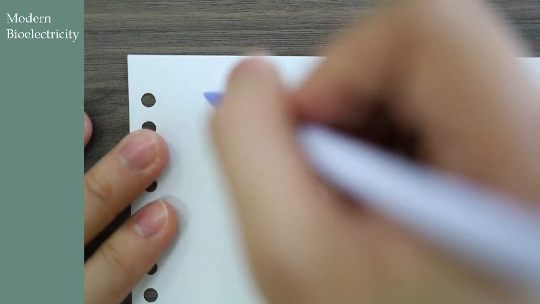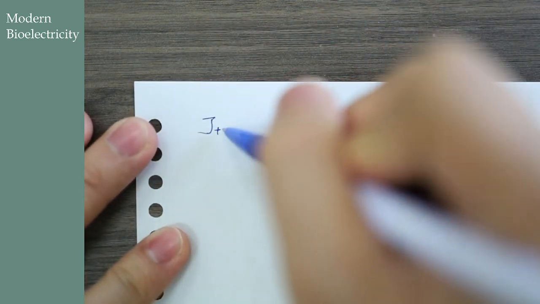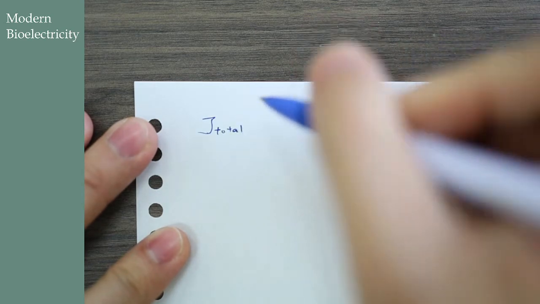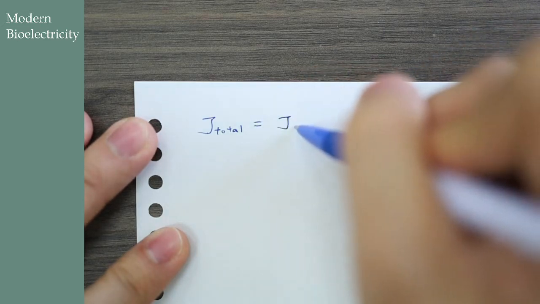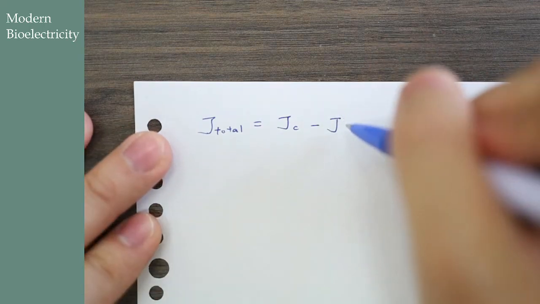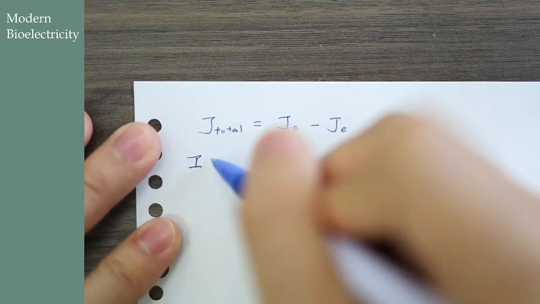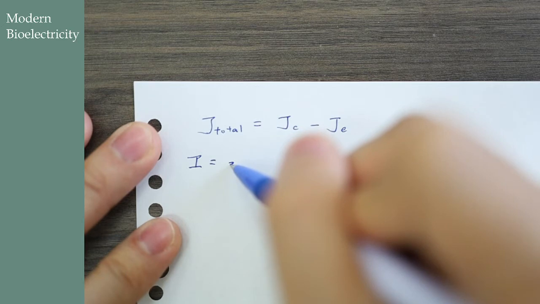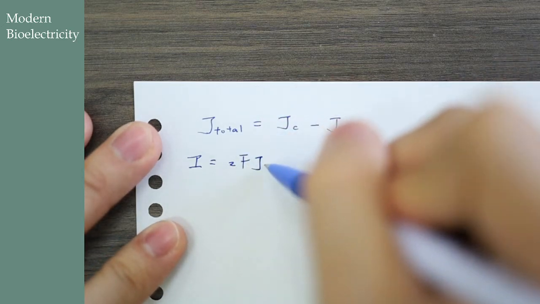So the current, J total, from the Nernst equation, right? From what we derived for the Nernst equation, the overall flux is equal to the chemical gradient term minus the diffusion of the electrical gradient, and if we turn it into current, it is equal to ZF J total, right?